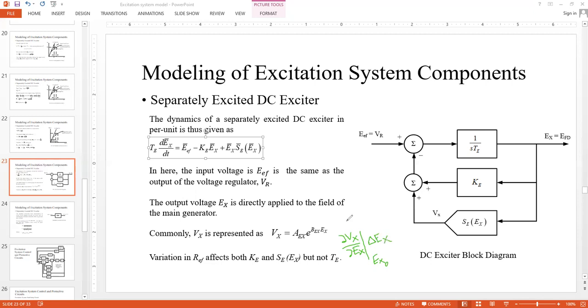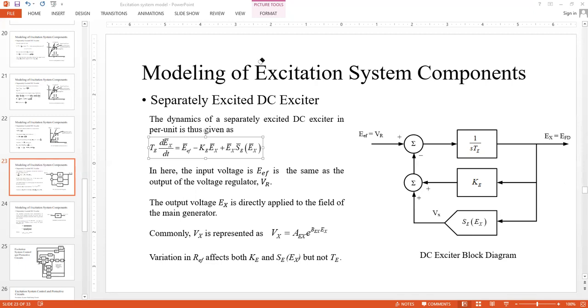So that would give you the linearized version of this right hand side, and then you can get the linearized representation for this. Once you are able to linearize it, you can replace this nonlinear block by that corresponding linear expression, and then purely that would become a transfer function representation.